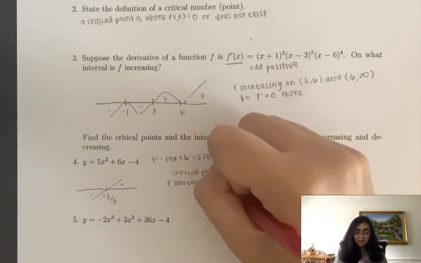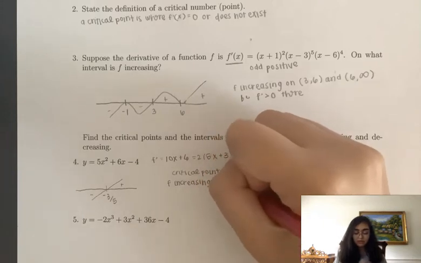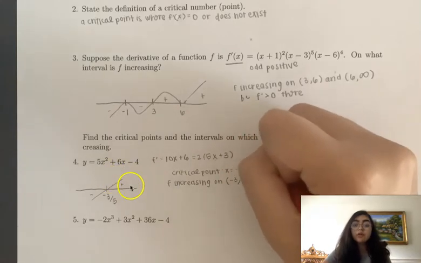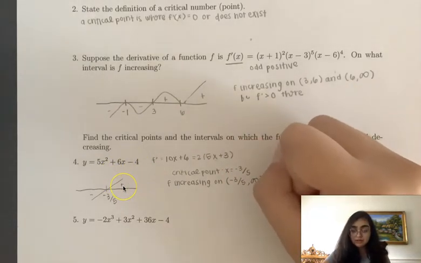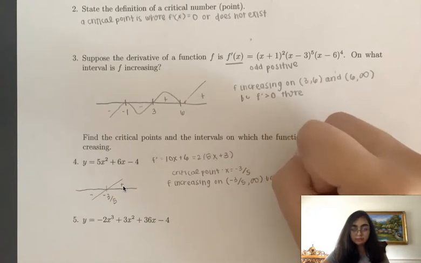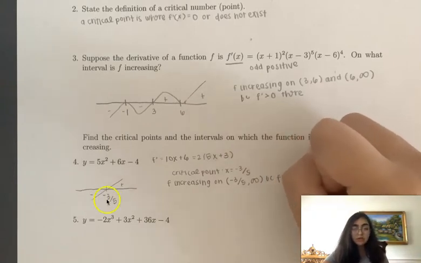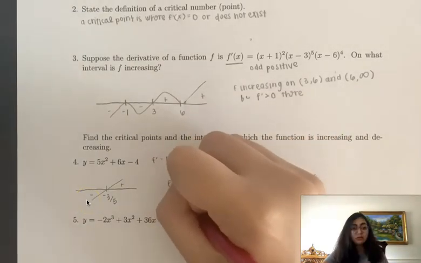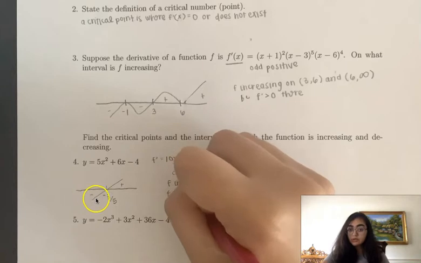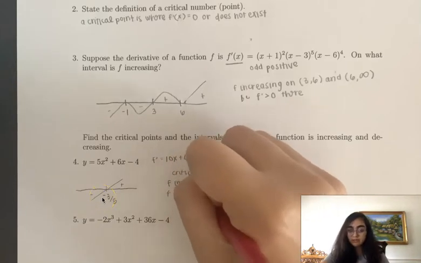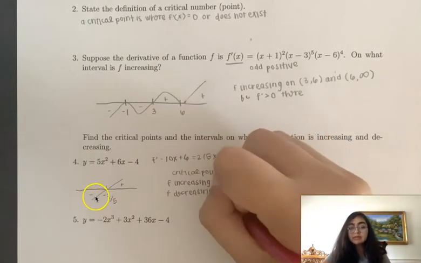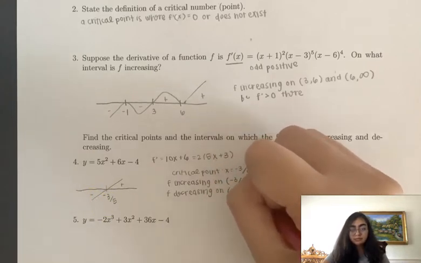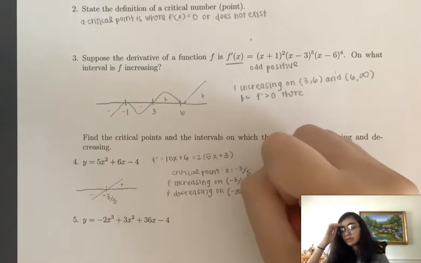And we know f is increasing on the interval -3/5 to infinity, that's this portion right here, because f prime is positive there, as we can see on our sign chart. And then we know that f is decreasing on -infinity to -3/5 because f prime is negative over there. So again, make sure you have all 3 components for your answer.